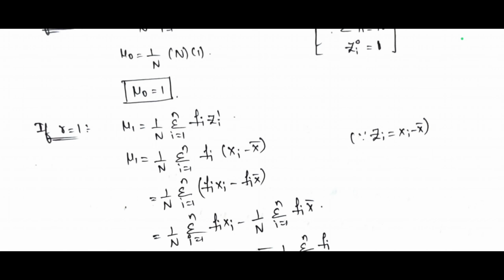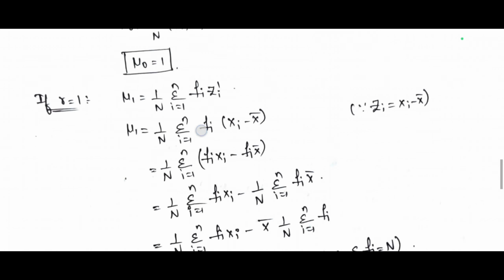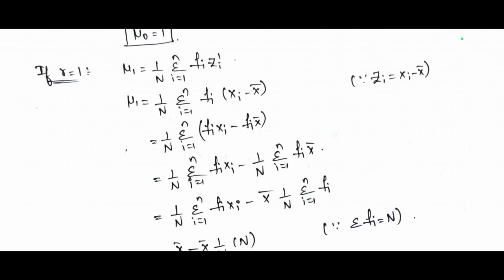If you apply the multiplication of frequency to xi and x bar, you get 1 divided by N summation fi xi minus 1 divided by N summation fi into x bar.